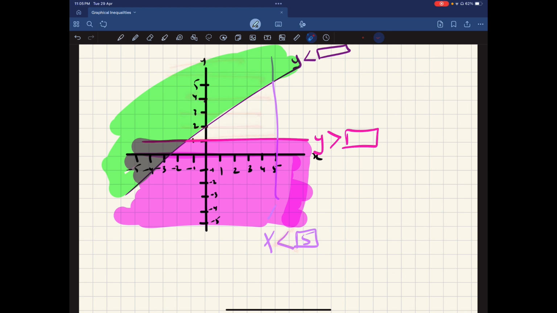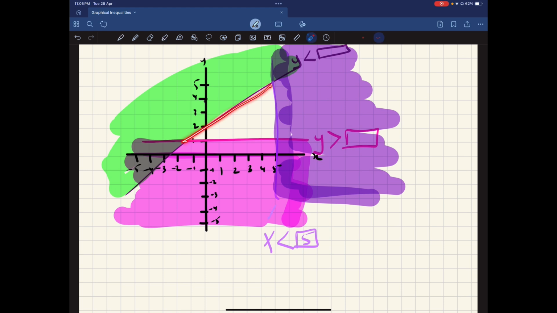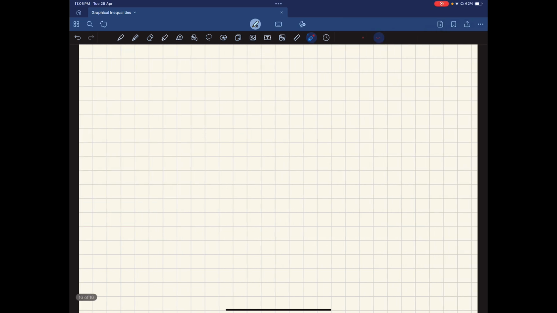Less than for a vertical line means the region on the left is the required region. So what are we going to do? We're going to shade the region on the right. So basically, this unshaded region is the required region. Okay? Let's practice a proper example to make sure that you understand.